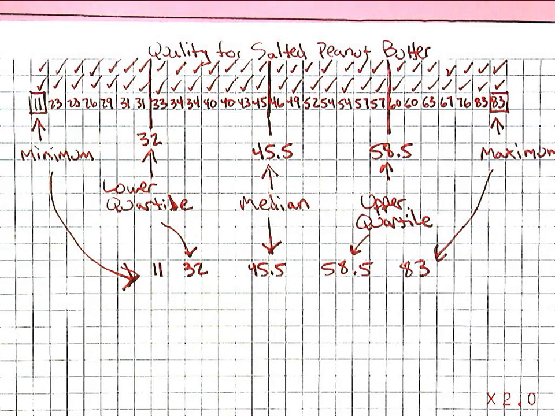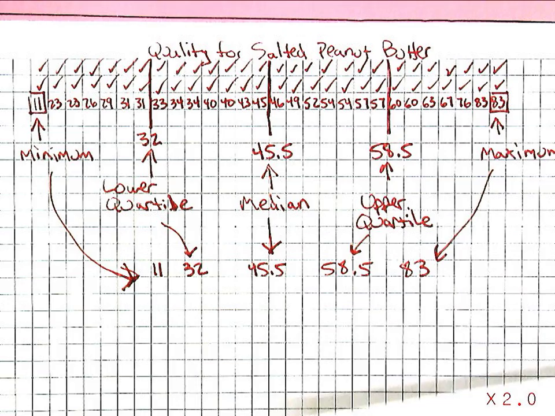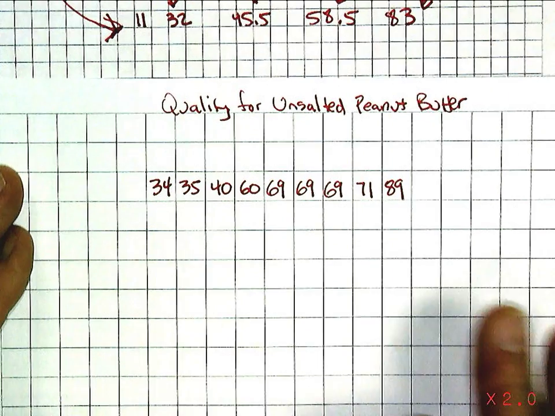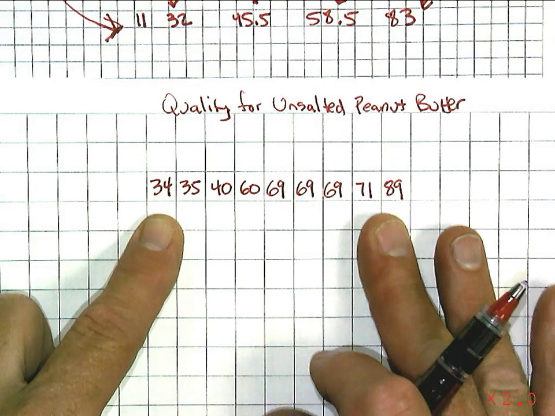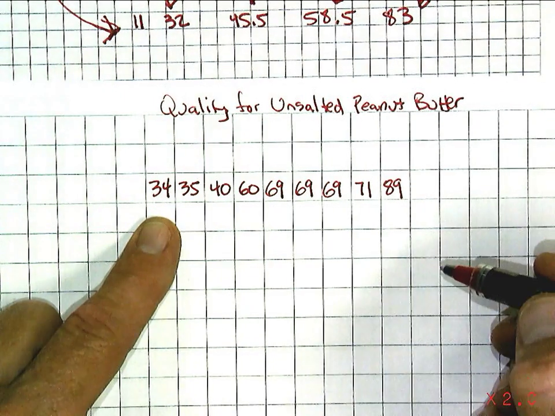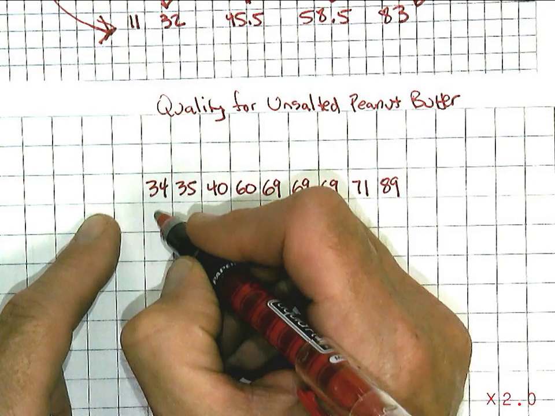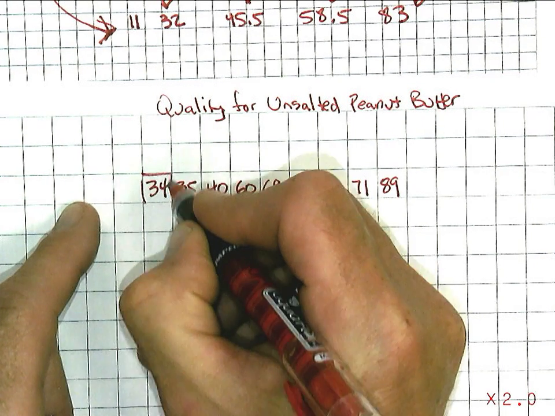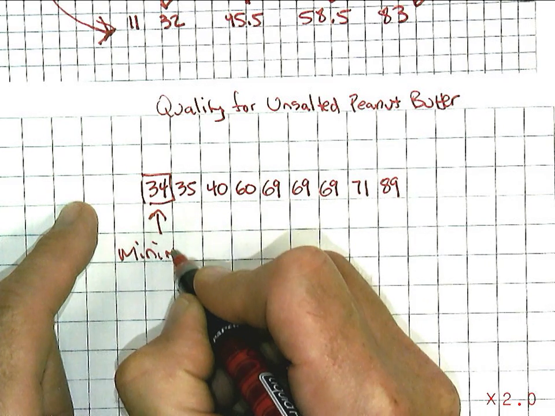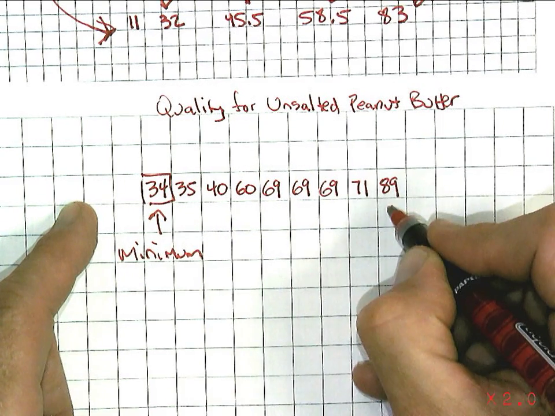And we wanted to compare that to the quality of unsalted peanut butter, so let's do the same thing now with this list that again I put in order from least to greatest for the unsalted peanut butter quality. And so the easy numbers, the minimum, and the maximum.